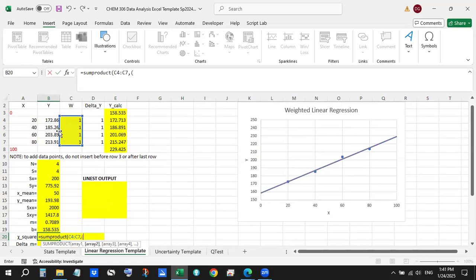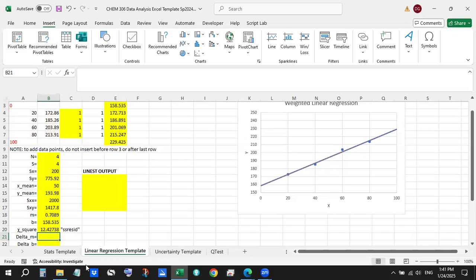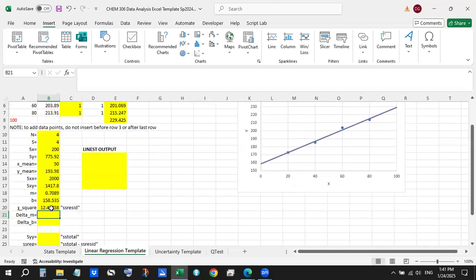So I'm going to put parentheses, experimental y value minus the calculated y values. Okay. Notice there's a 1-to-1 correspondence there. Close parentheses and then square. That's the sum of residual squared. The sum of the squares of residual.